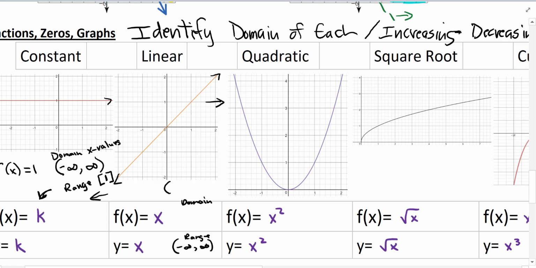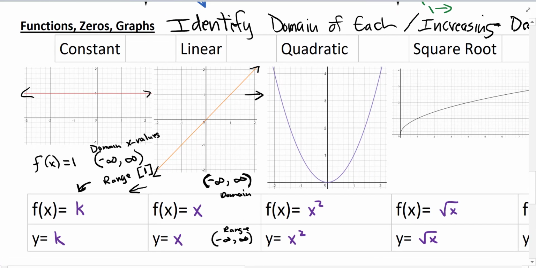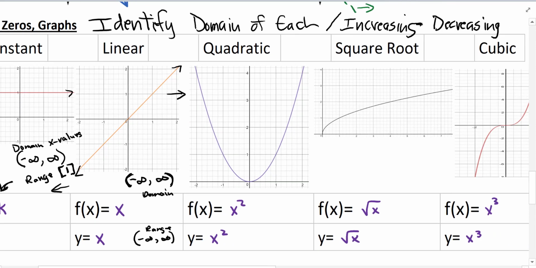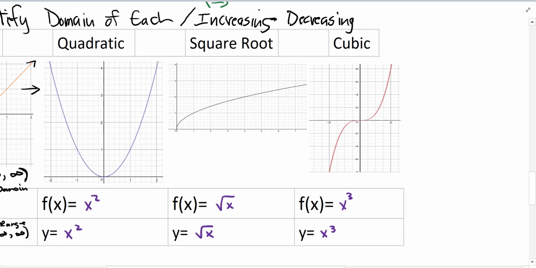So for the domain, it is also negative infinity to positive infinity. And notice it's the open parentheses because you can't touch infinity. We never reach it. When you can touch one of the values, like in this example right here, you put a square bracket.